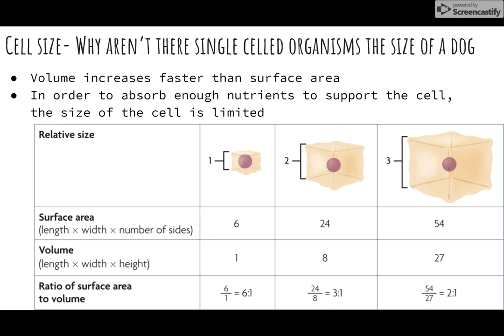And because of that, if the cell gets too large, there won't be enough surface area to absorb nutrients into the cell to sustain it. Because cells rely on their surface to get their nutrients and the things they need to survive. And if they get too big, they won't have enough nutrients coming in to stay alive.